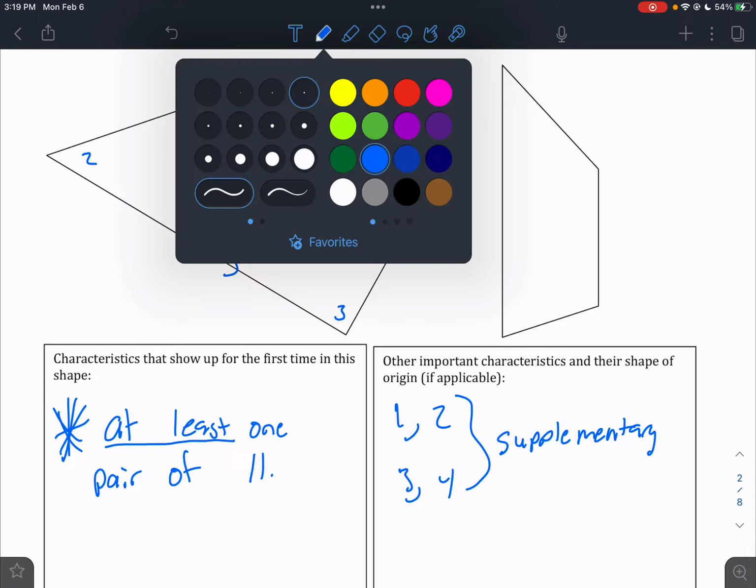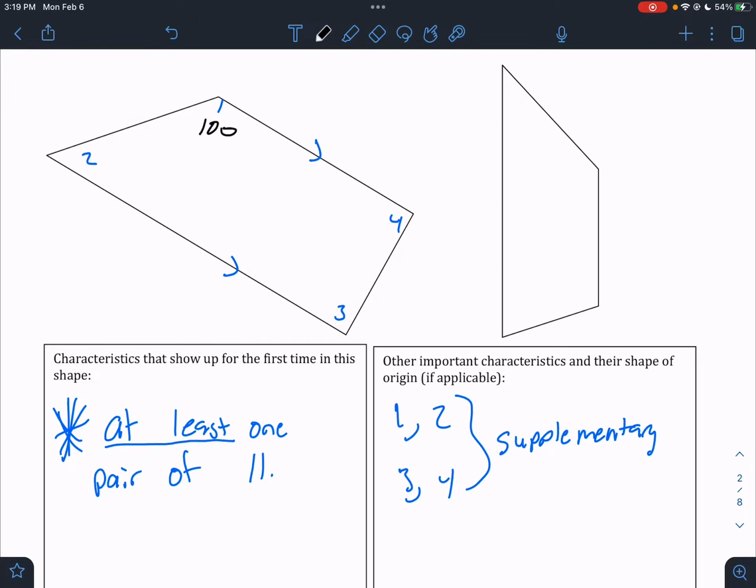So, for example, if this corner was 100 degrees, we would know that this corner is 80 degrees. Would we know anything about those two corners? No, not necessarily. Those being 180 have nothing to do with 3 and 4. Could 3 and 4 both be 90 degrees? Can a trapezoid have two right angles? Yeah, it sure can.